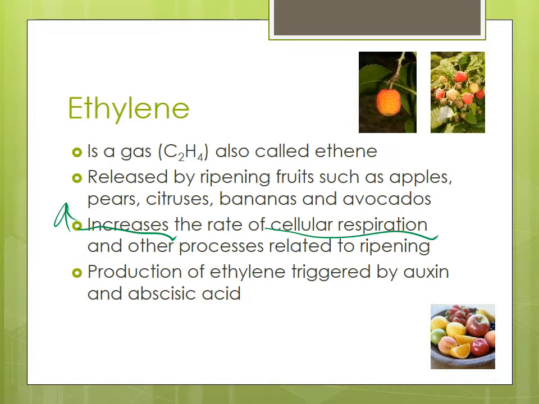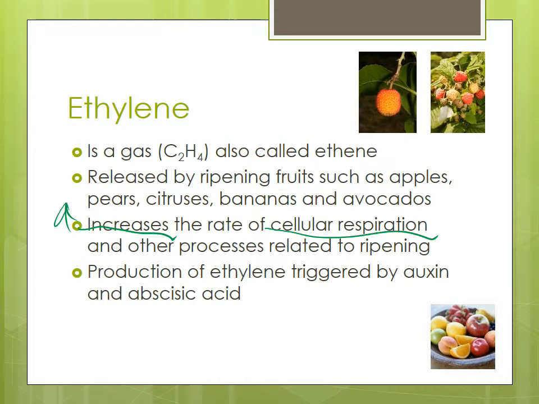This is the plant's process of using energy within itself, of releasing the energy that it has made through photosynthesis. So it is creating carbon dioxide gas and those types of things. So it increases the rate of cellular respiration, it increases the amount of energy, so therefore it's increasing the growth and ripening rate of these plants. So that's the role of ethene.